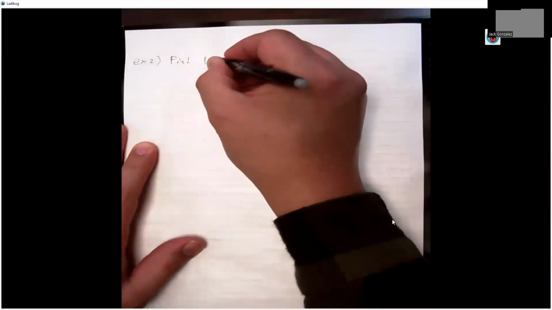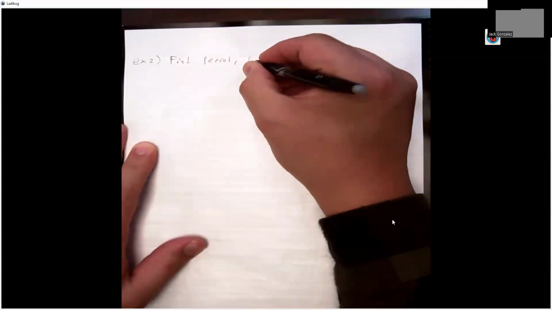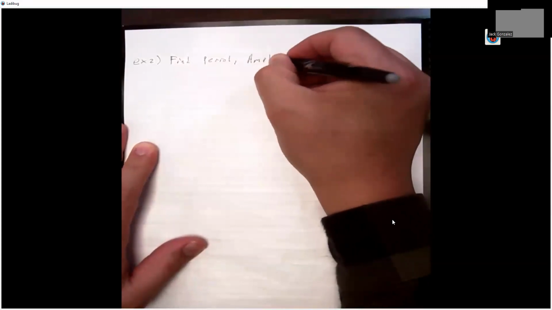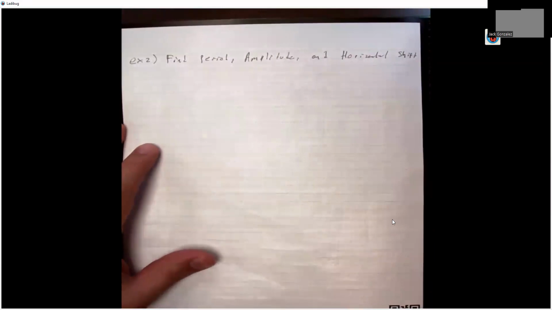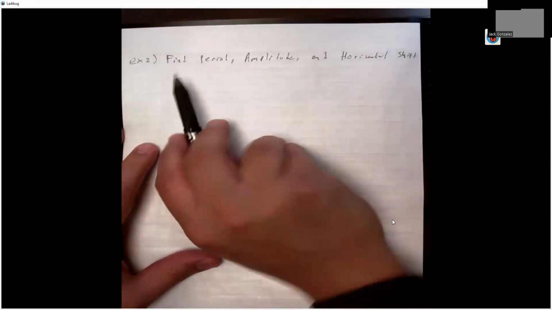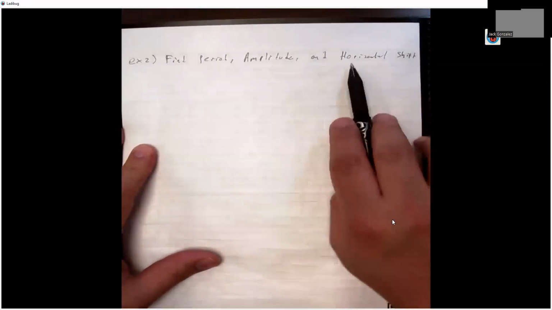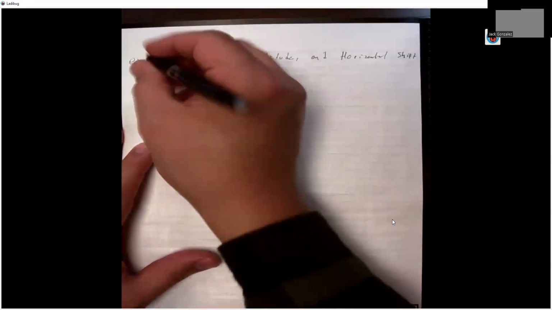Example 2. So this time find period, amplitude, and horizontal shift. Okay, so here I wrote this horribly, but period, amplitude, horizontal shift, given this function here.